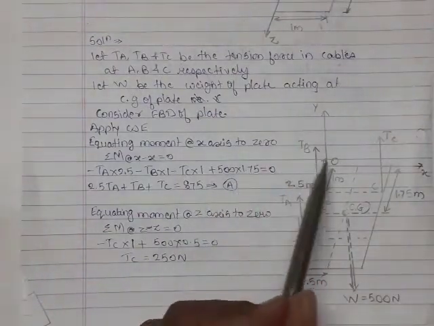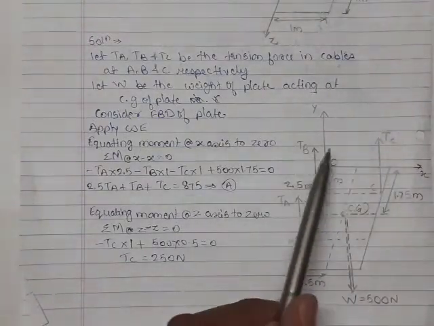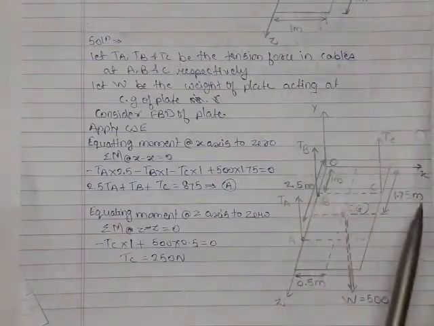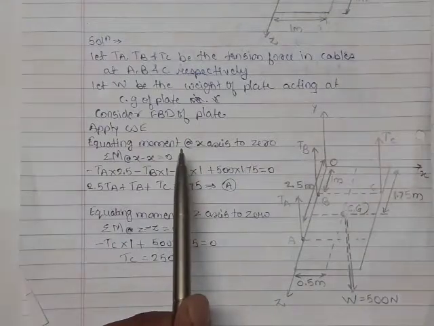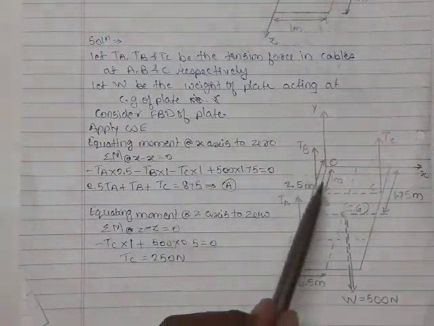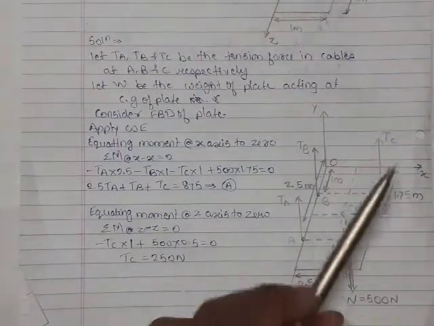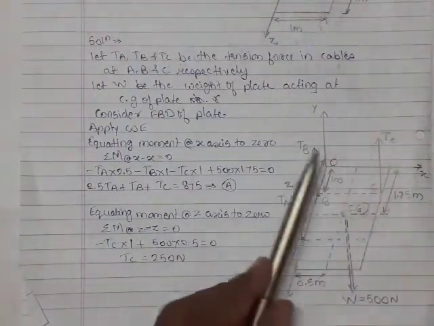Now we will take moment of all forces about the Z axis equal to 0. We will assume that moment along this direction is clockwise, that is positive, and moment along the opposite direction as negative. TA and TB are lying along the Z axis, so their moment will be equal to 0. We are going to take moment of TC about the Z axis.